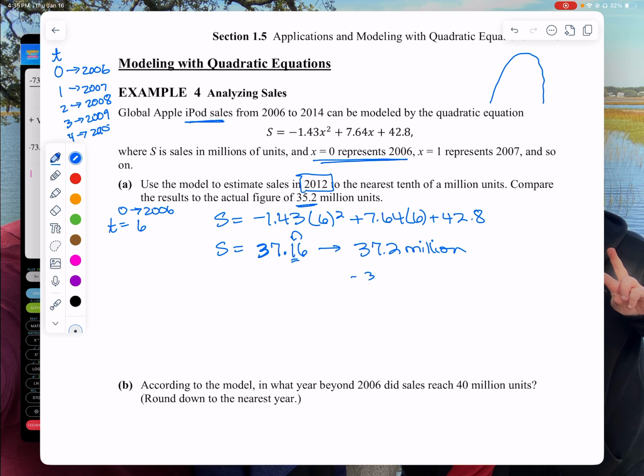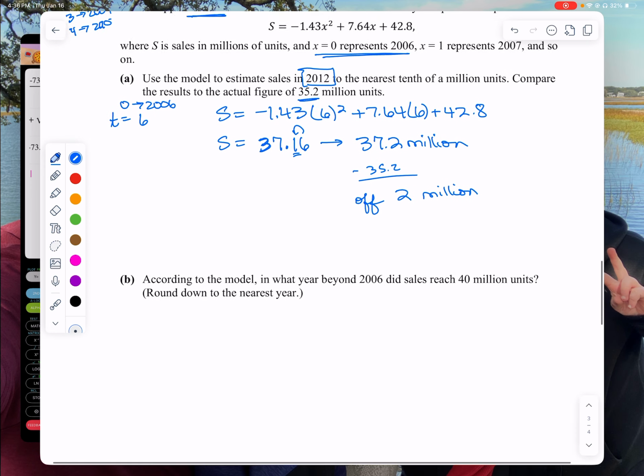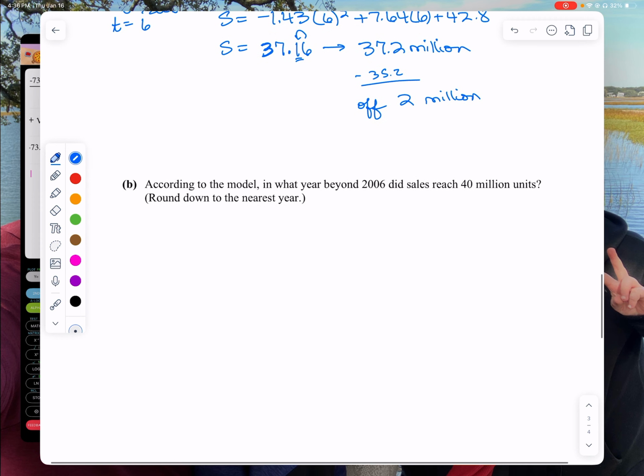If I take away 35.2 million, we're off by about 2 million iPods. That's not a little, but compared to 37 million, 2 million isn't too bad. Next question: according to the model, in what year beyond 2006 did the sales reach 40 million units?